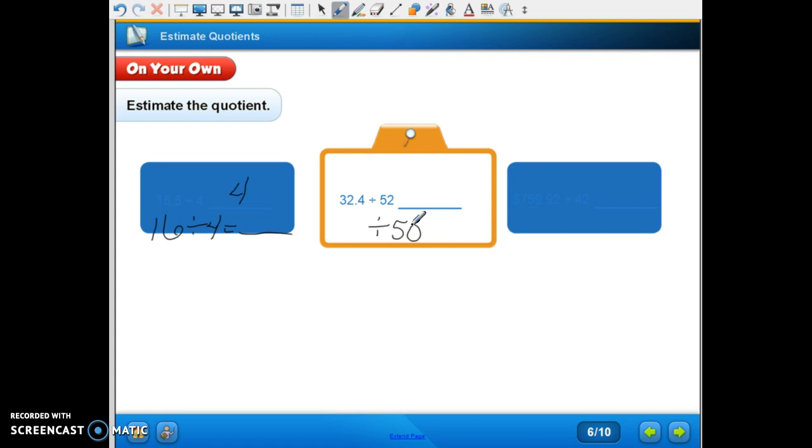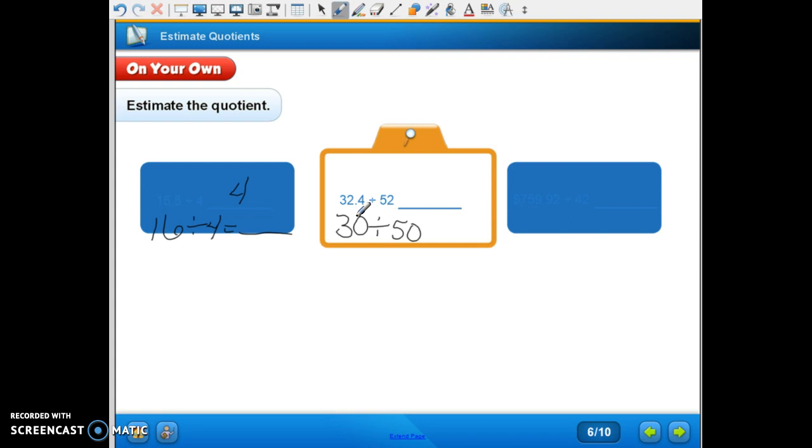We could go 30, which is 6 times 5, or 35, which is 7. But 30 is closer. So let's round this to 30. We wouldn't want to go clear to 300. That'd be way bigger.